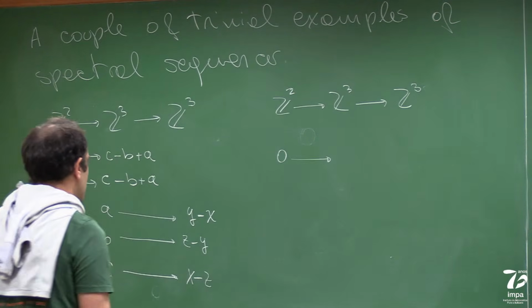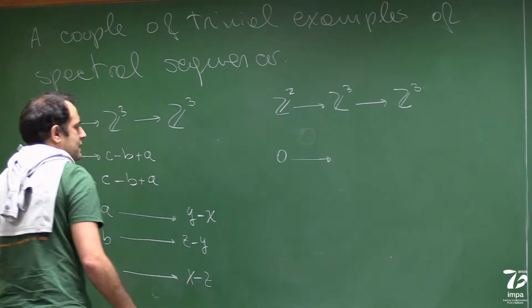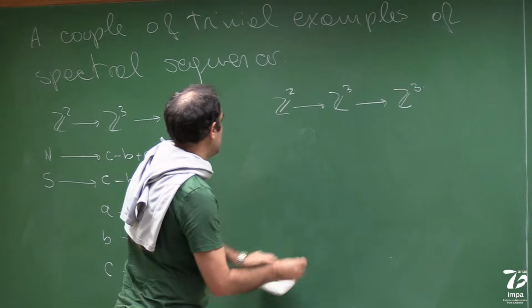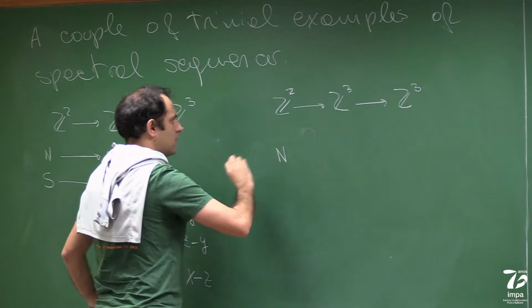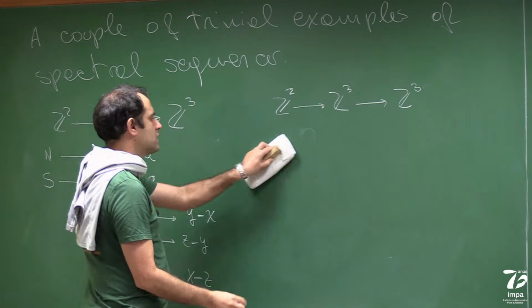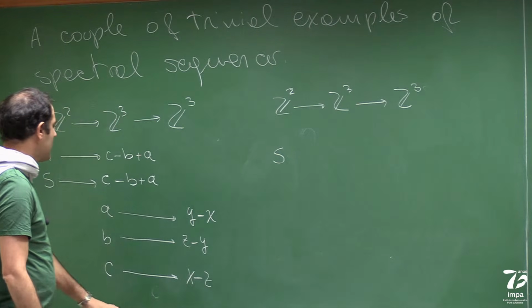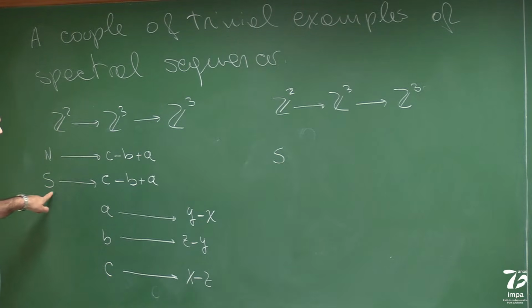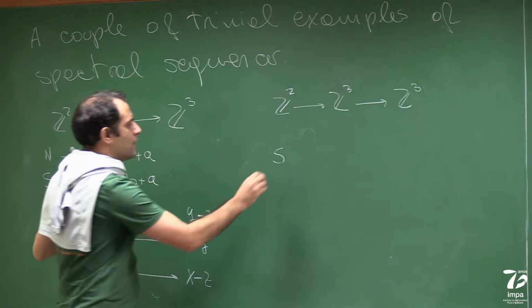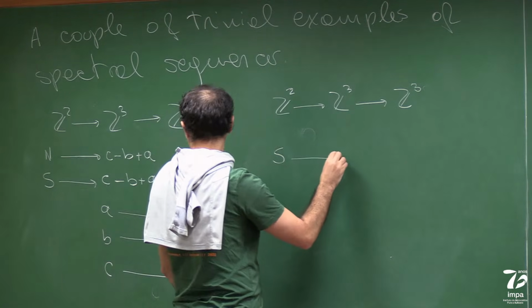Yeah, so what I'll do is I'll take one out. I'll just keep the south pole here. Now, since I want to have a sub-object, the image of the south pole should be in here. So I'll just take everything.